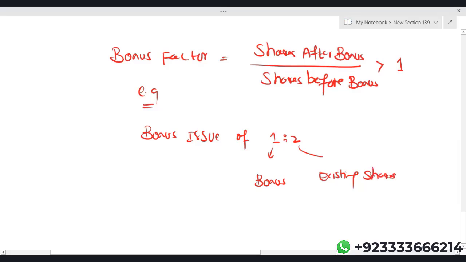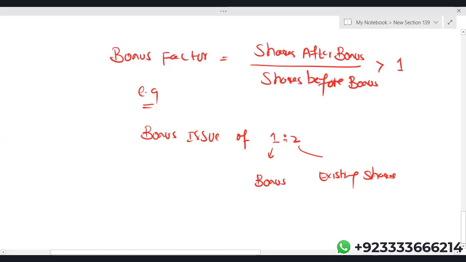The examiner is saying the company is issuing 1 bonus against existing 2 shares.